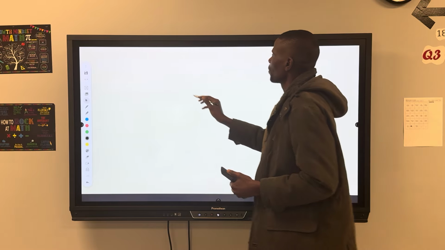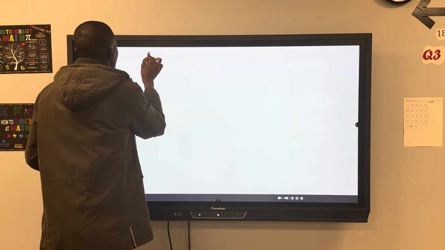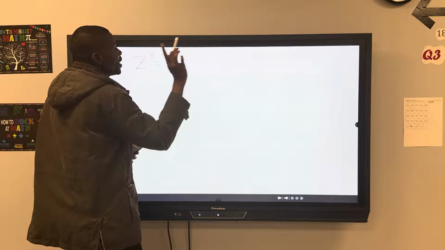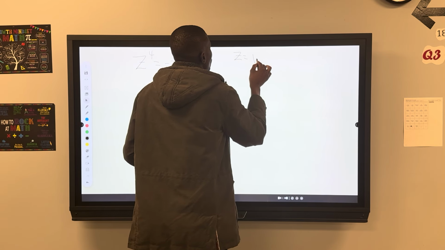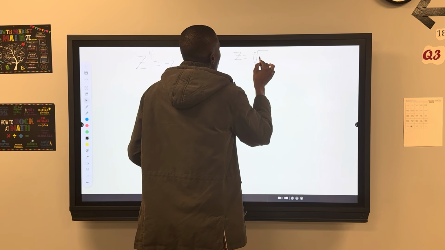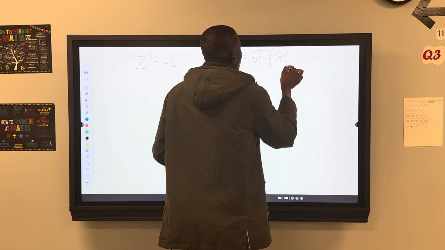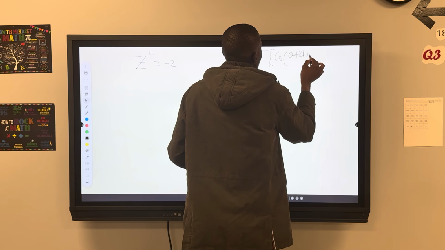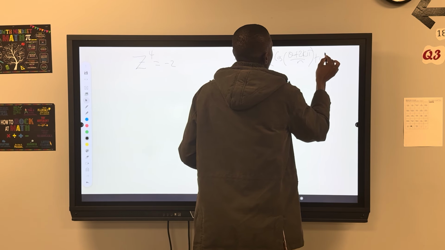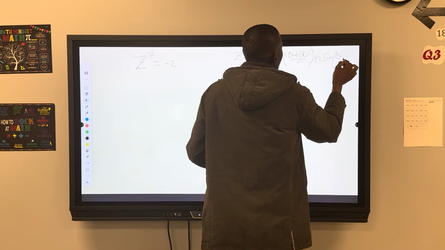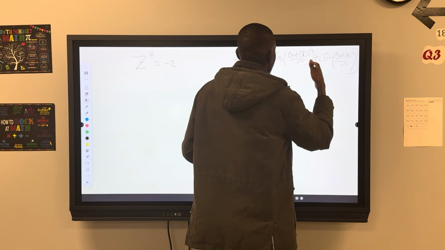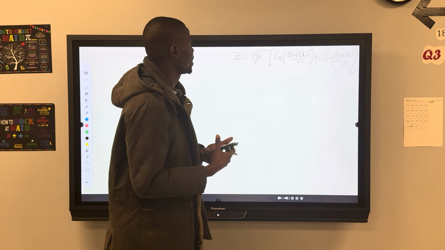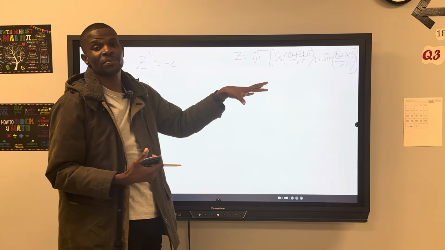Okay, so we want to solve z to the 4th power is equal to -2. Remember our formula is going to be z is equal to nth root of r, then cos of theta plus 2k pi over n, plus i sine. Candidates, you are supposed to know this. You are supposed to memorize this.